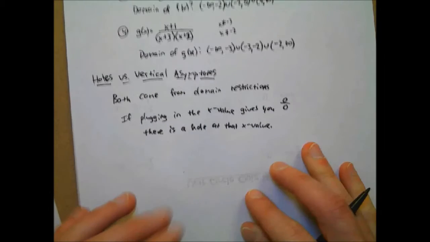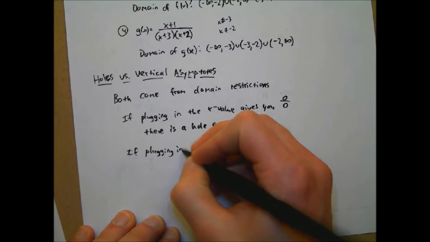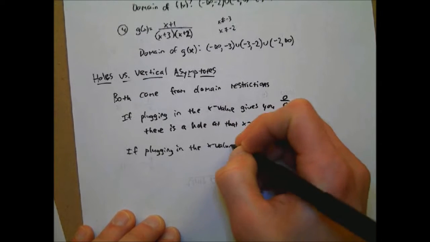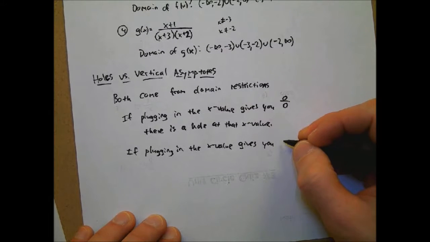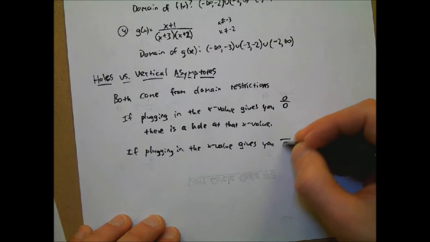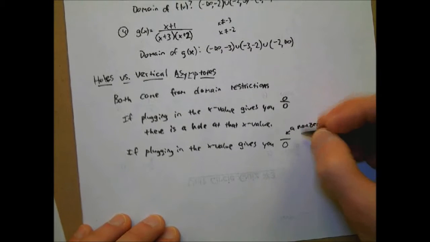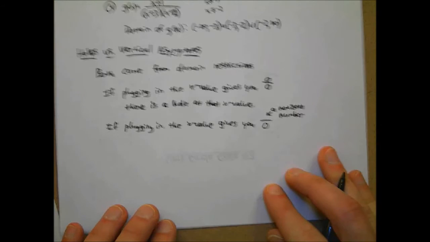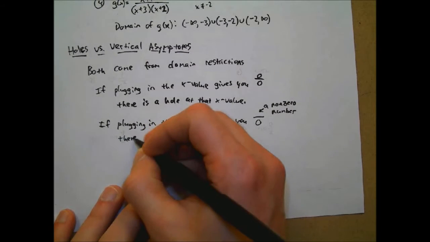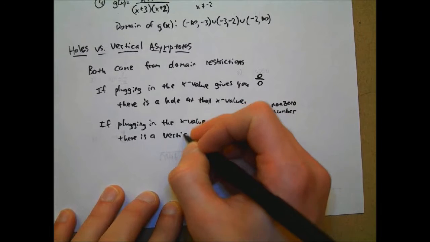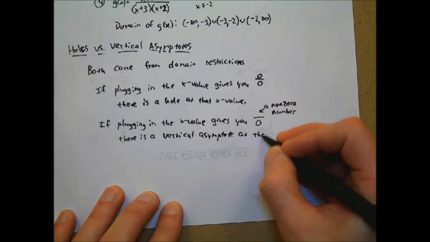Okay? If plugging in the x value gives you a number divided by 0, let's just say a non-zero number, okay, then there is a vertical asymptote at that x value.